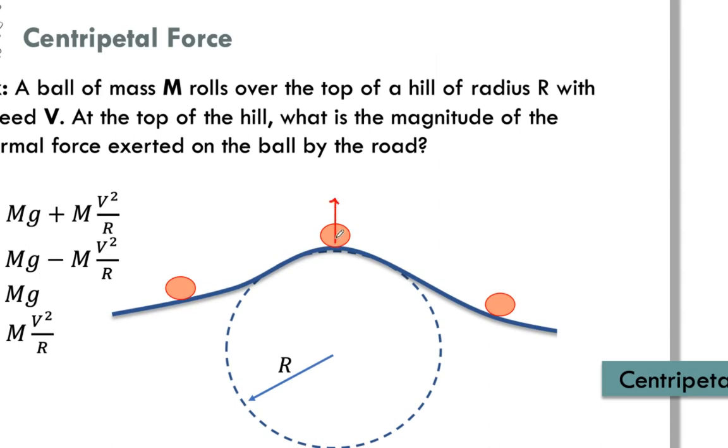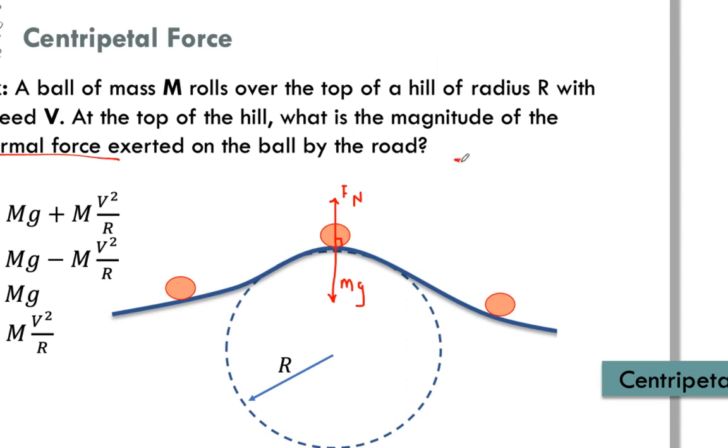The road is going to apply a normal force of the surface on the object at a 90-degree angle, perpendicular to that road. We also know that the downward pull of gravity, m times g, is acting on the object as well. We want the magnitude of the normal force exerted on the ball by the road.